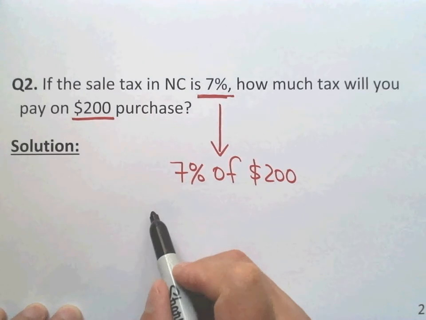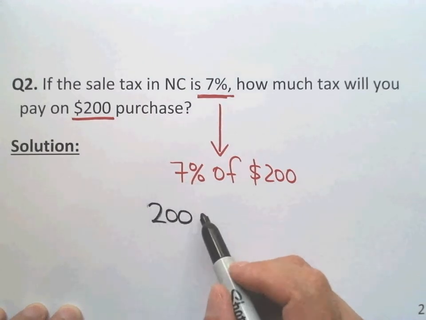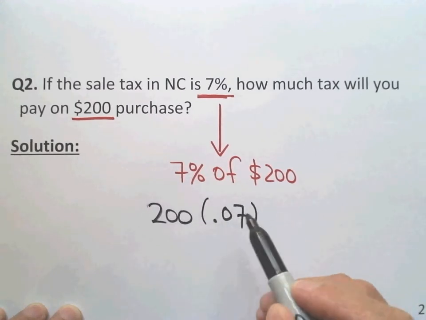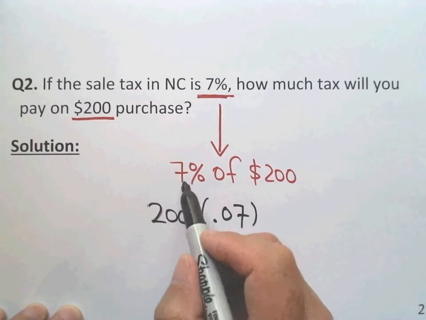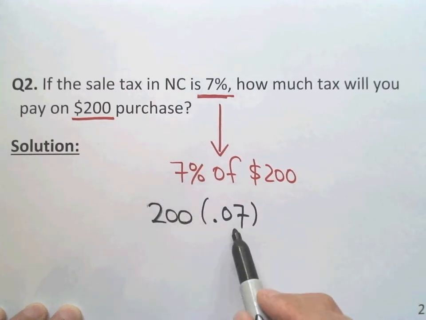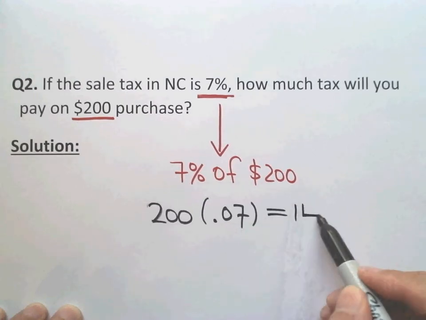We write $200 times 7%, which means times 0.07. You can change the percentage to a decimal by dividing by 100, or moving the decimal to the left 2 places. So we get 0.07, and then do the multiplication, which is $14. This is the answer.